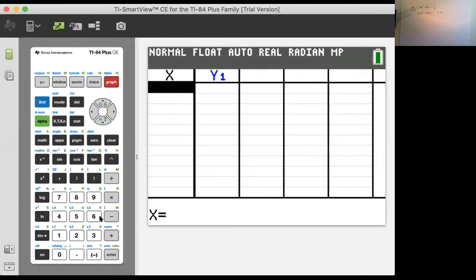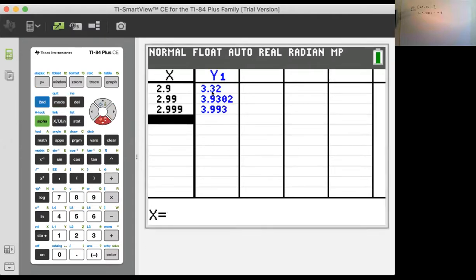So choosing numbers near 3 like 2.9, 2.99, 2.999, you can see what the values of the function are getting closer and closer to.